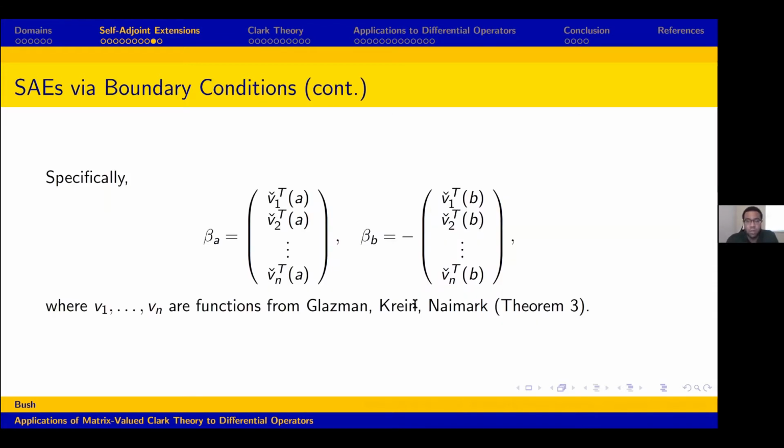So specifically, these two matrices are this check function, which remember that's computing quasi derivatives, run it backwards and alternate signs. So these two matrices, beta A and beta B, are constructed from those GKN functions in that way.